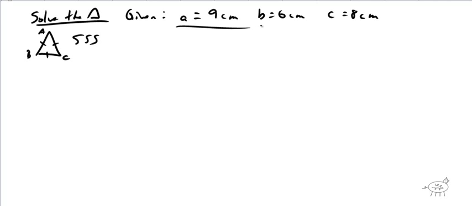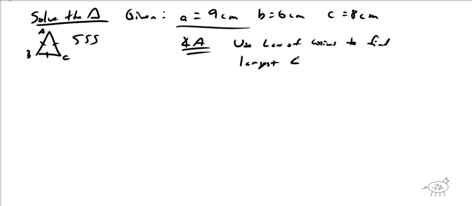So I'm going to use law of cosines to find angle A. If you want to write this down: use law of cosines to find the largest angle, because then you won't leave it accidentally for law of sines.